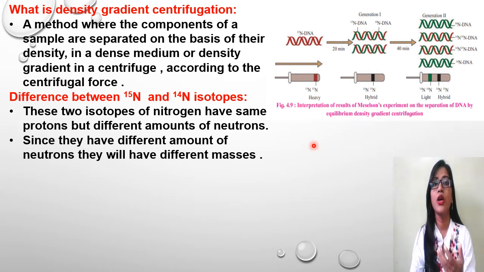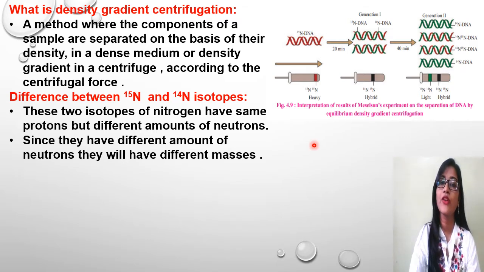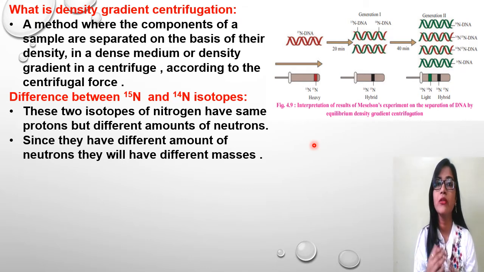If you have watched the very first lecture of this molecular basis of inheritance, I explained what the nitrogen bases are and the structure of the DNA. There you will come to know that nitrogen is present in large amount in the DNA bases.